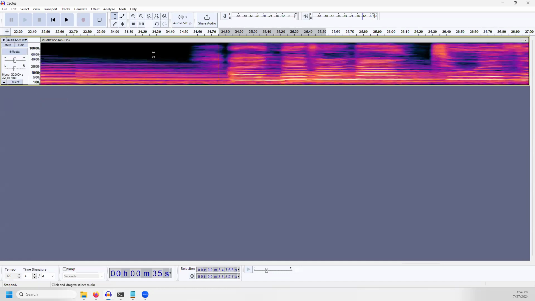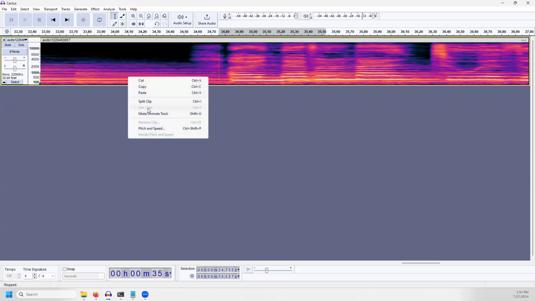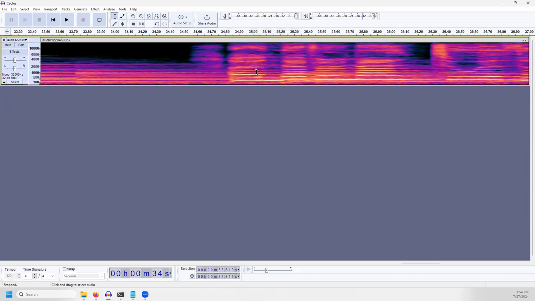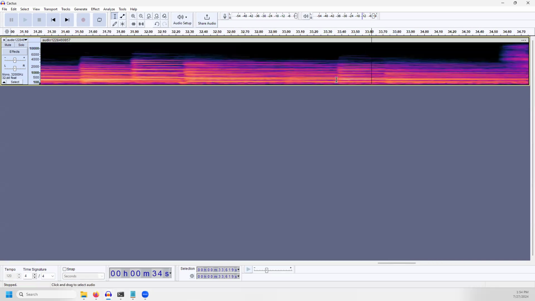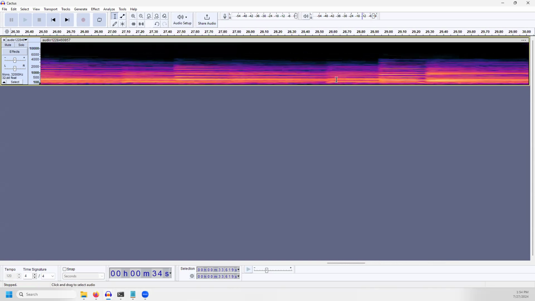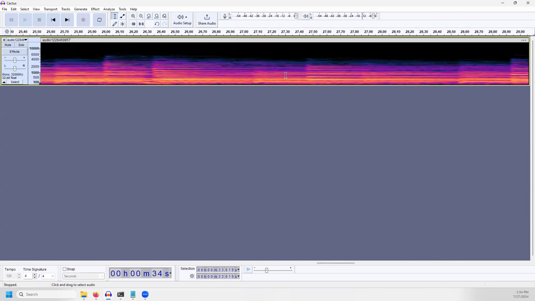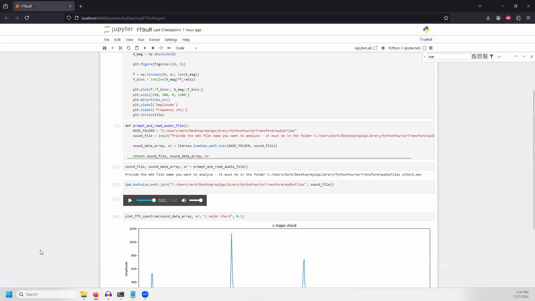The spectrogram feature in Audacity is, I'm sure, something a musician or audio engineer could understand to a greater extent. The hottest line indicates the bass frequency, and we could zoom in and see where the heat is. It's aesthetically pleasing, but it's doing something similar, and I enjoy doing it with this approach, of course.